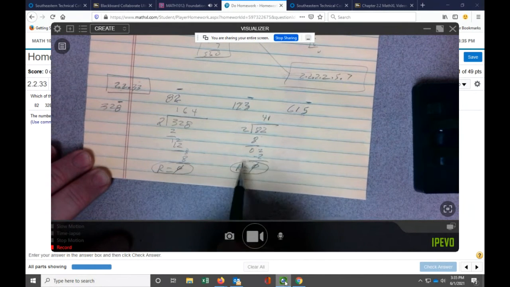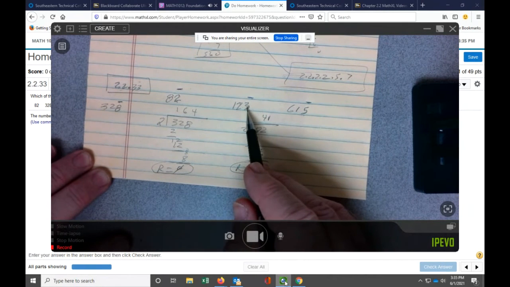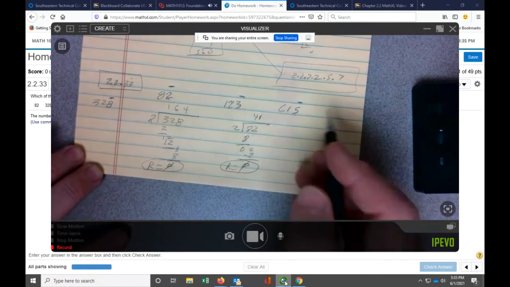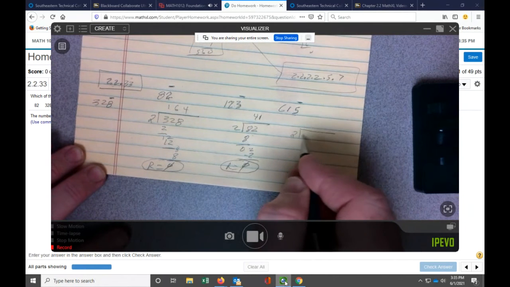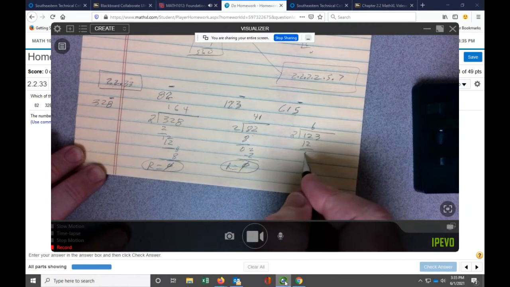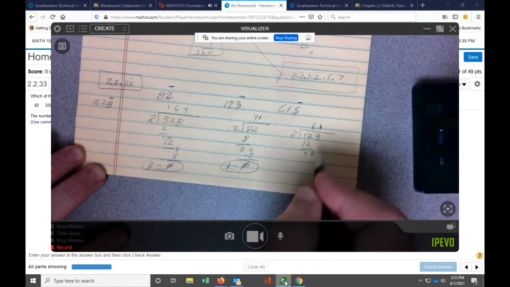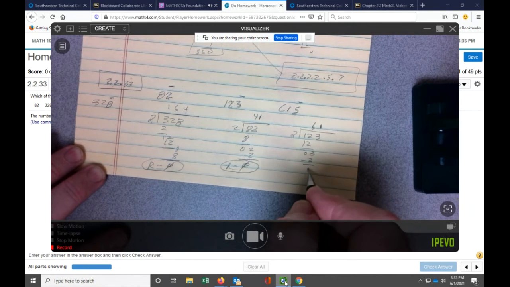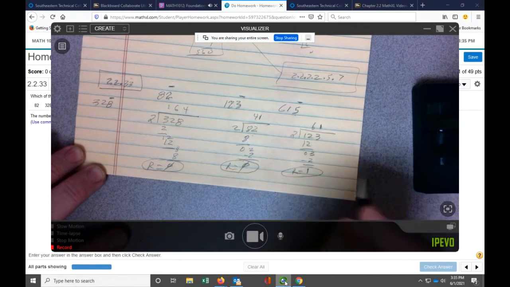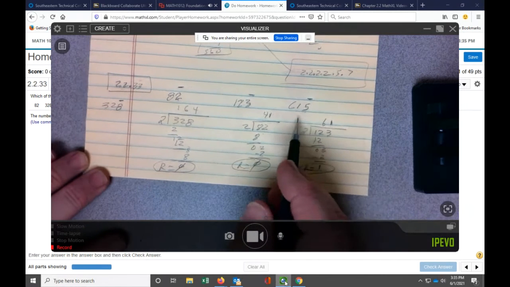Remainder equals 0. Now, what do you think is going to happen when I try it over here with this one? Well, we'll try it and see. Okay, so that you're following this little division I'm doing here. Remainder equal 1.